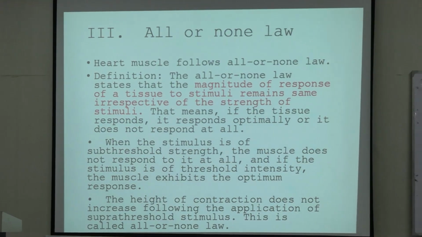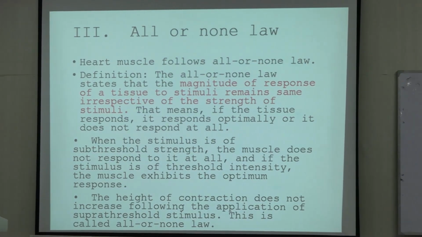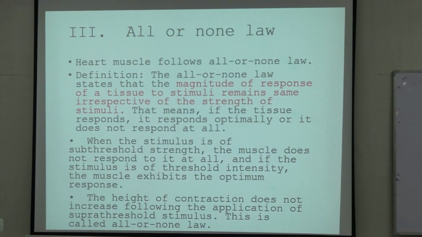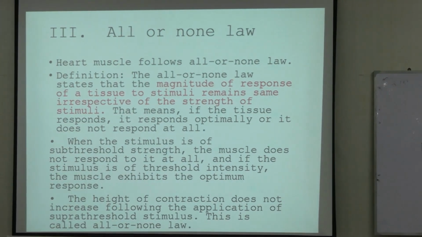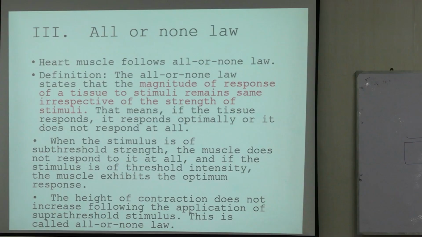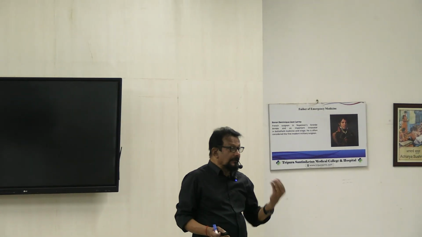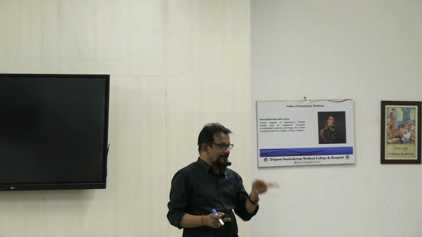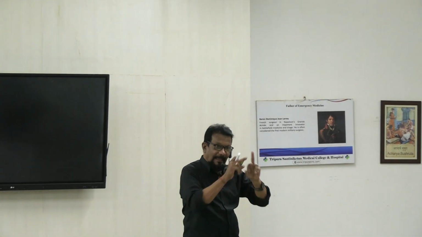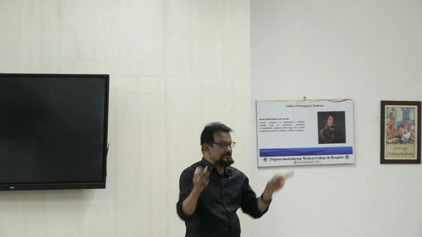All or none law. It is very simple. If you apply a stimulus, and if the stimulus is sufficient, meaning of threshold limit, then it will produce an action potential. If you give a stimulus of more strength, you will get the same result. There will not be any modification in the action potential.